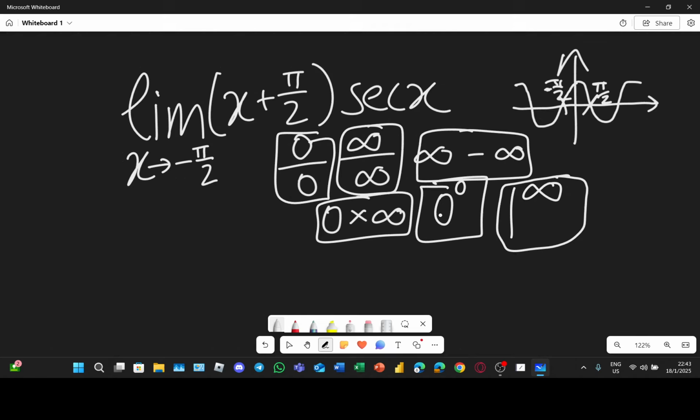Then our last indeterminate form is infinity to the power of 0. So these are the 7 indeterminate forms that you will come across when evaluating some limits.